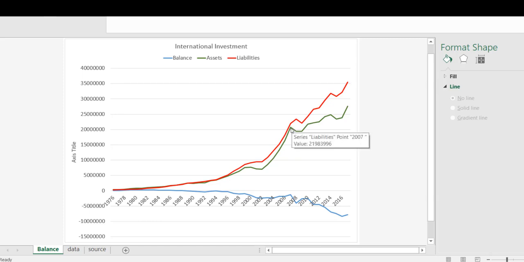Up to then the balance was pretty much negligible, hovering around zero till pretty much 1996, and then we had at that point a minor negative position of 328 billion. I say minor because relative to today that's a small amount, as now we have a negative position of 7.8 trillion.